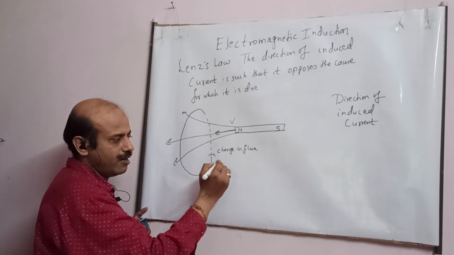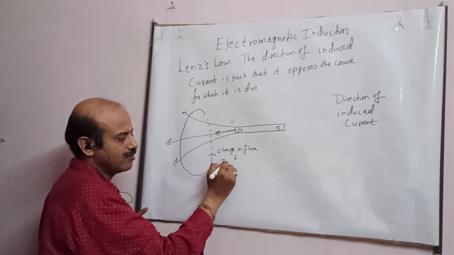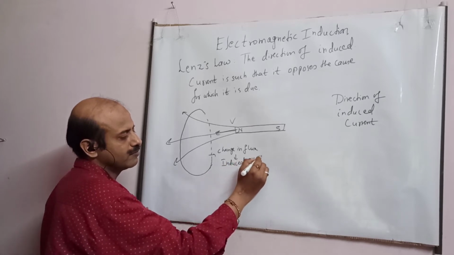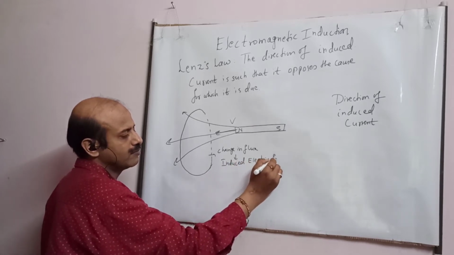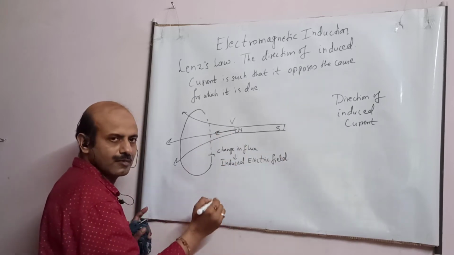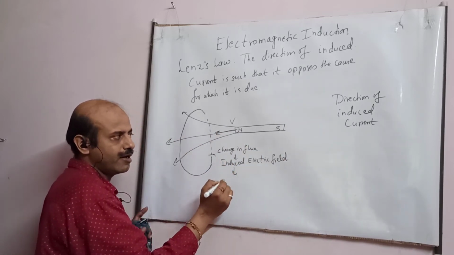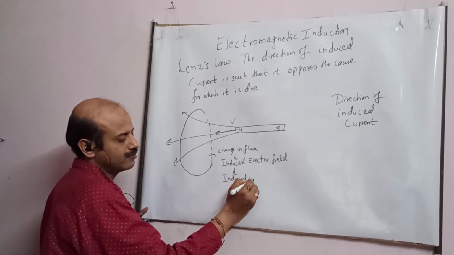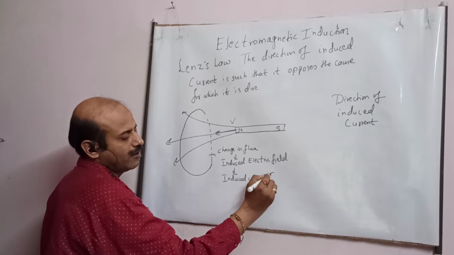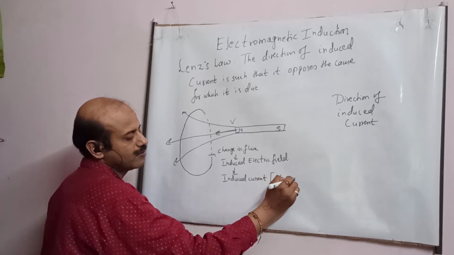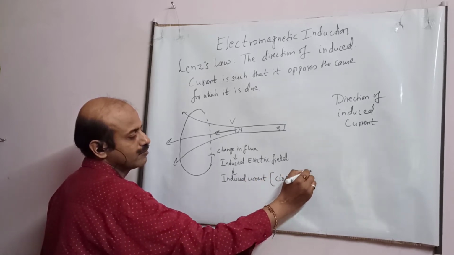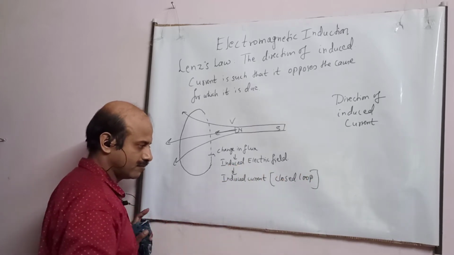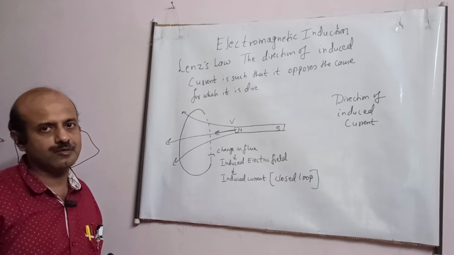And according to Faraday, change in flux gives rise to induced electric field, and this field gives rise to induced current if the loop is closed.